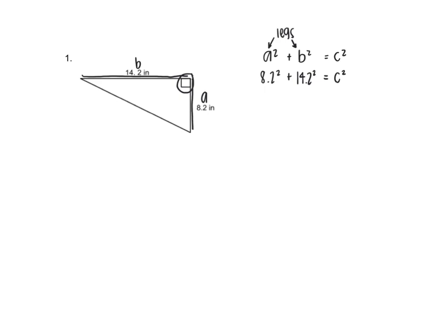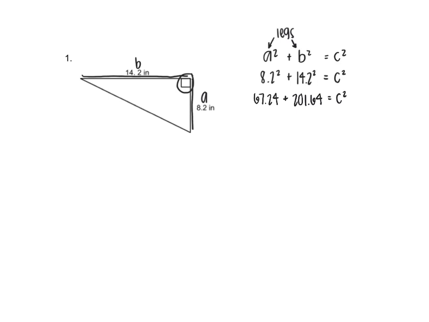Now it's an equation that we're able to solve. Using Desmos or your calculator, we're going to find what 8.2 squared is. And it comes out to be 67.24. Then we're going to do that same thing with 14.2, and we get 201 and 64 hundredths, and that is still equal to c squared.